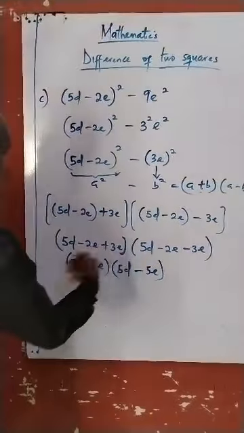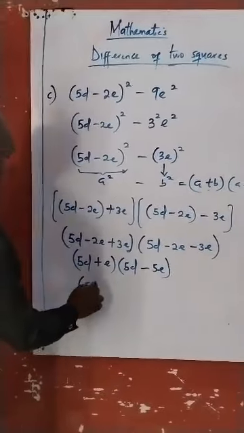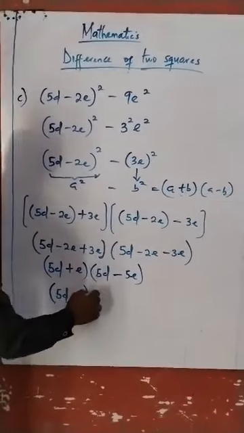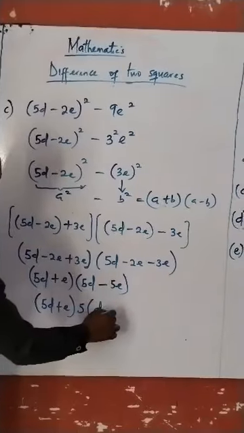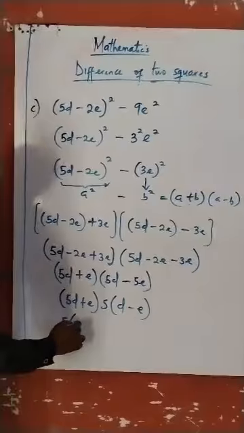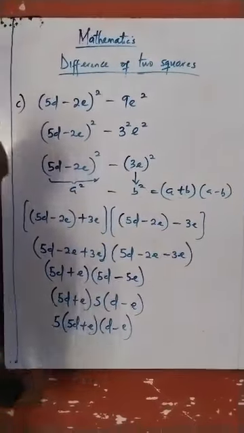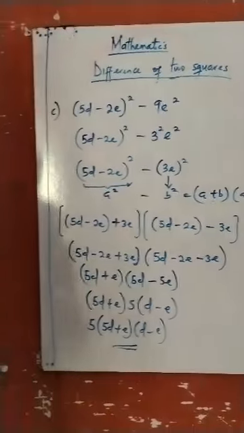If you wish, you can take your 5 outside. Because 5 is common here, this becomes 5, open bracket, d plus e, 5, open bracket, d minus e. You can take your 5 to this place. That's 5, open bracket, 5d plus e, d minus e. So this is our final answer.